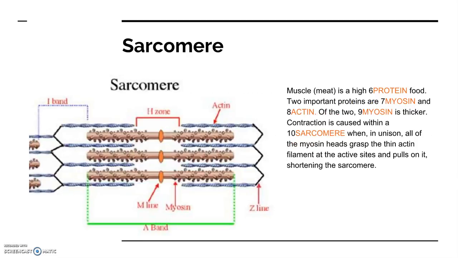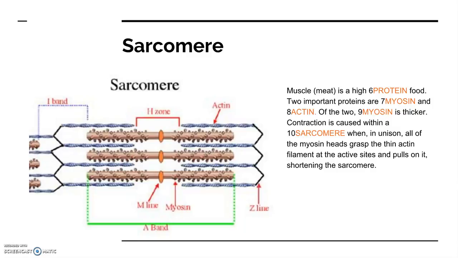So here's a diagram similar to the one in your book. Muscle or meat is a high protein food. 2 important proteins within your muscles are myosin and actin. Of these 2, myosin is thicker.